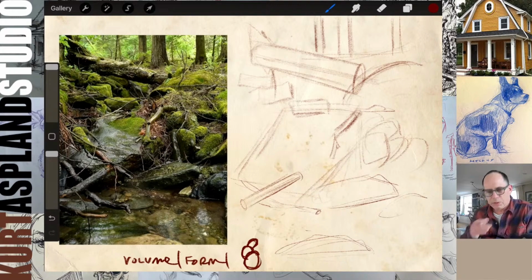Now, sometimes construction will lend itself into adding value, the decoration area. But let's just say, let's take this rock right here. So I might come up here like this, where I separate the dark from the light. So this is going to be my surface lines here, you see?